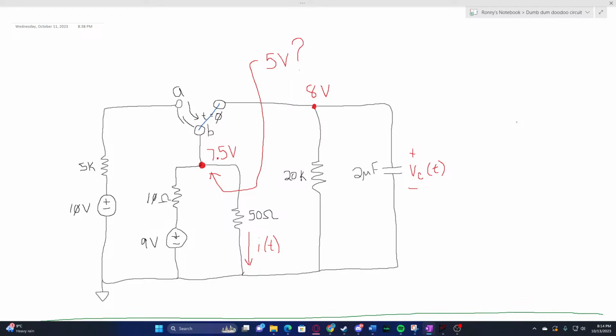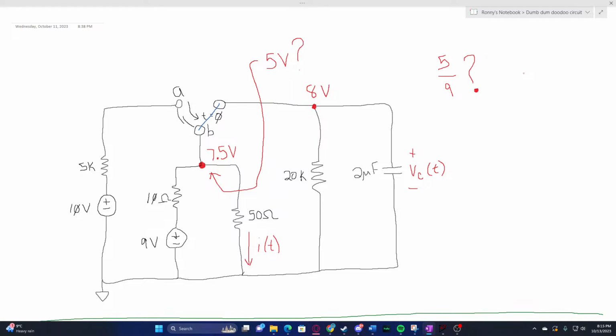Let's think. So 5 volts in terms of 9 volts. Is there a ratio of these resistors that would give us 5/9? What would that be?